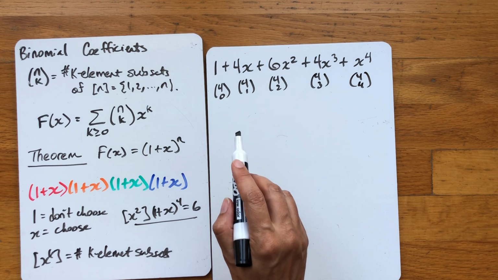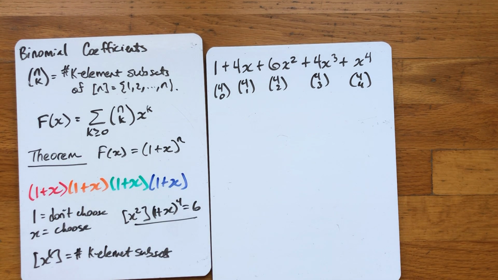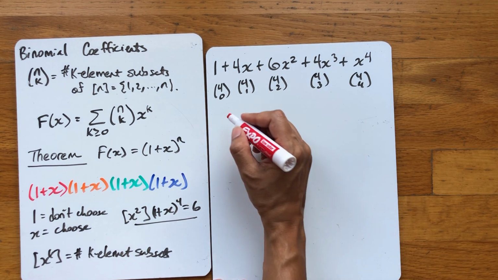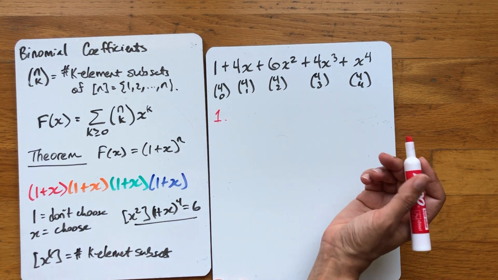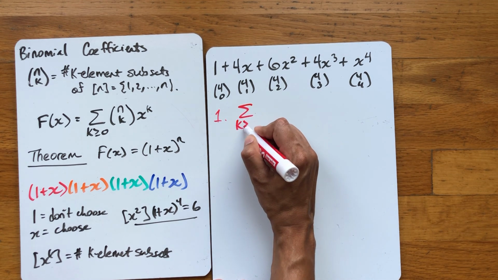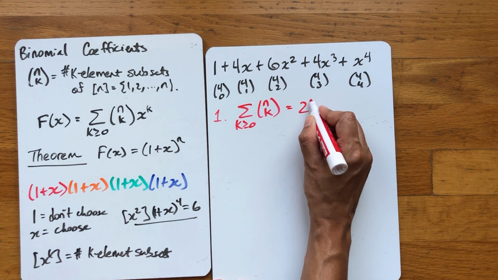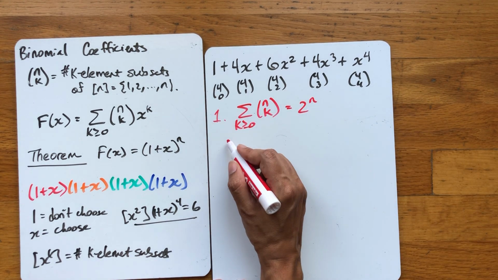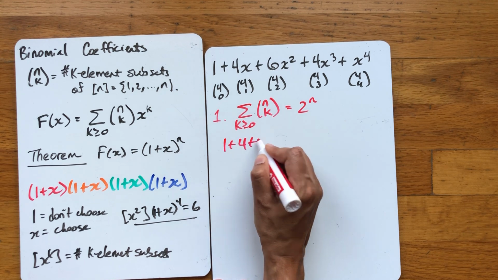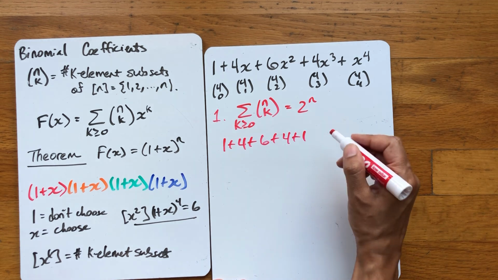Now, there are some interesting properties we can derive from this formula, beyond the recurrence relation. There are some interesting identities that we can write down. So one of them is the following. We notice that the sum from k greater than or equal to 0 of n choose k is equal to 2 to the n. So in this example, 1 plus 4 plus 6 plus 4 plus 1: that's a 5, that's a 5, that's a 6.